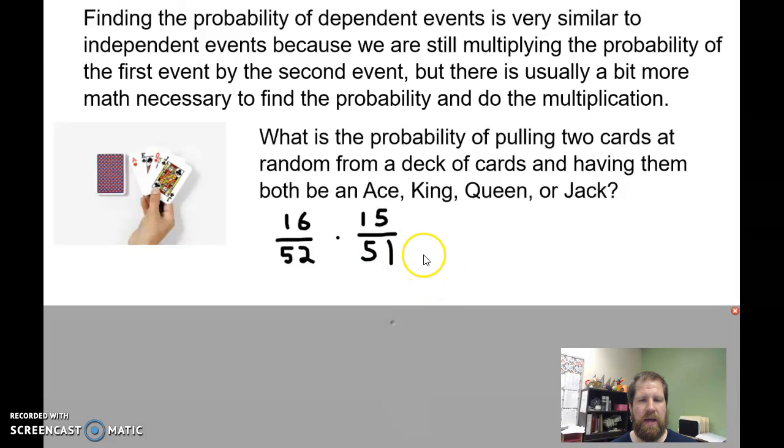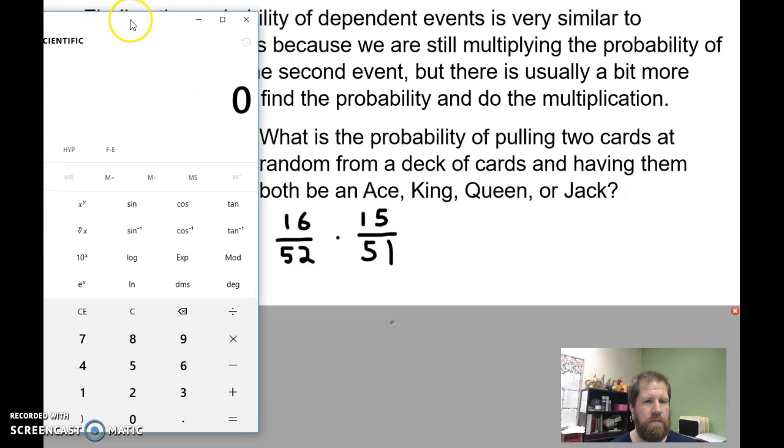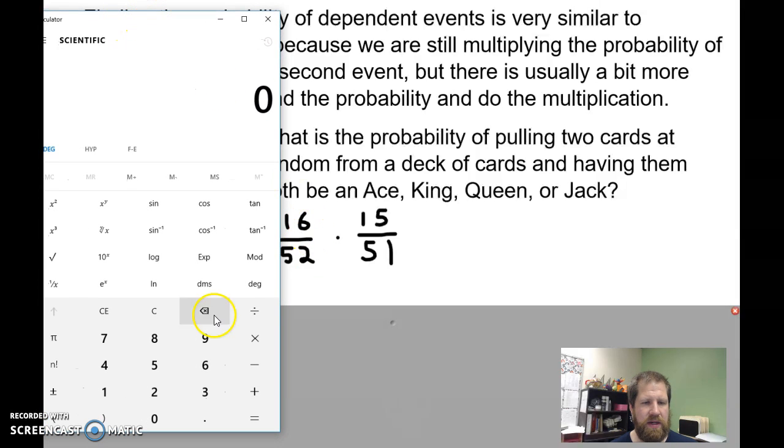And this is why I say there's usually a bit more math to do this multiplication, because our denominators and our numerators are going to be slightly different. So when we are doing the calculation, I'll pull out the calculator, it's going to be a little more messy.